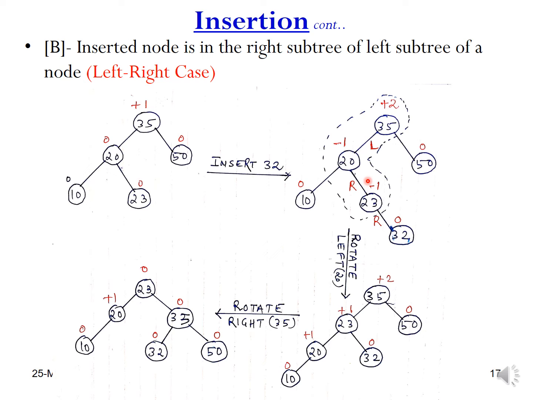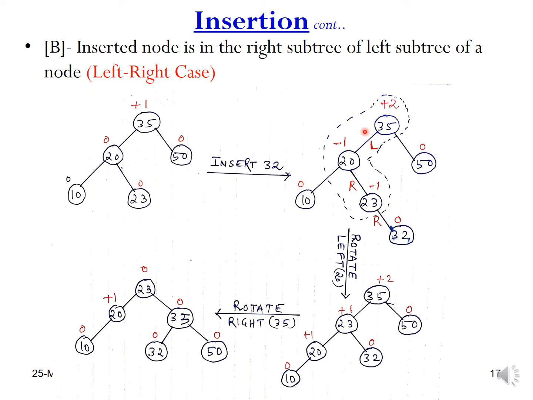Because this is the left-right case, we rotate left 20. This is actually a double rotation: first we will rotate this 20 towards the left, and after that we will rotate 35.